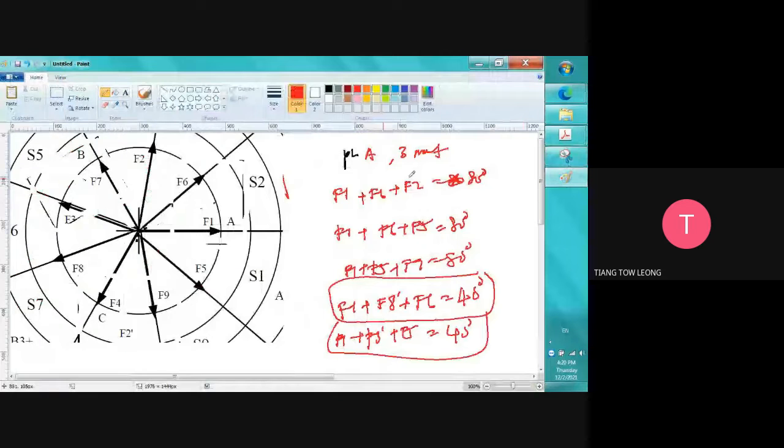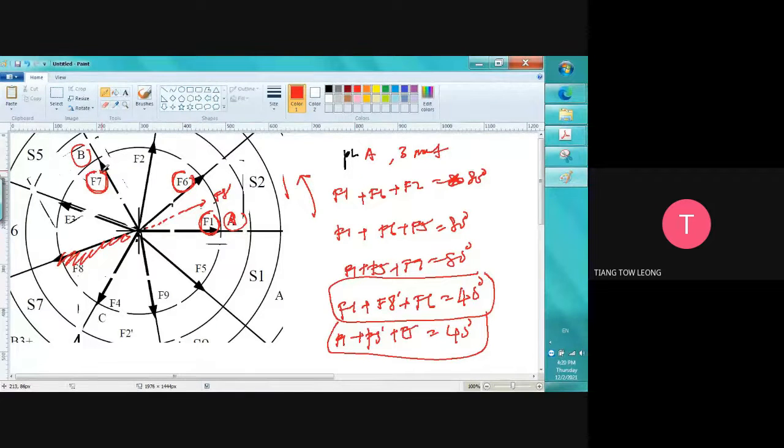Maybe I start from here. Okay, so let's say we already choose the F1, F6, and F8 prime. Okay, so this one no longer here. Then this is our phase A. So what about phase B? Phase B is F7. And then usually we follow this direction, anti-clockwise direction, whereby we choose F1, F6.